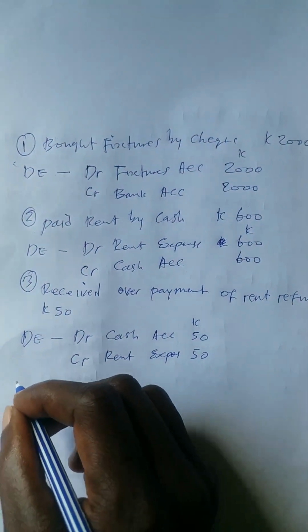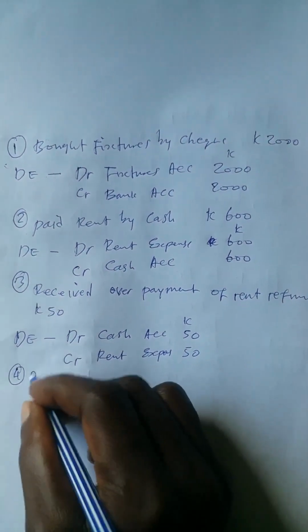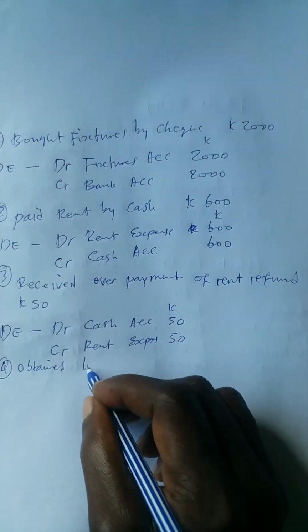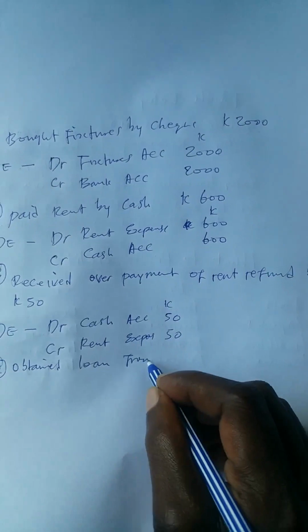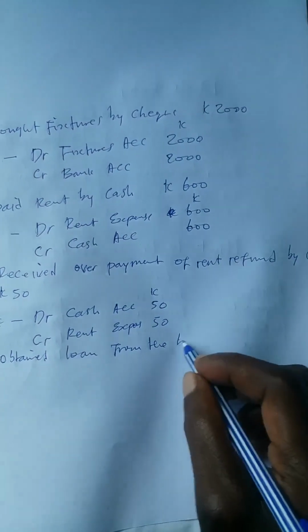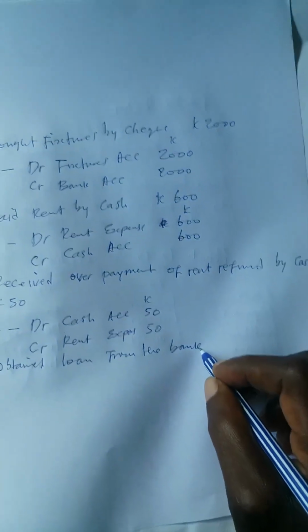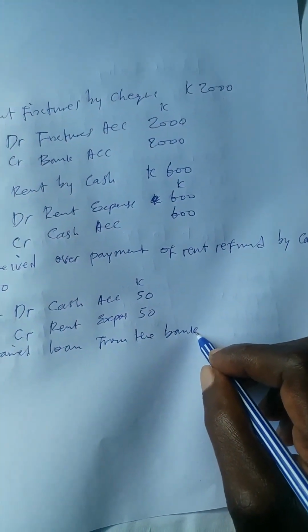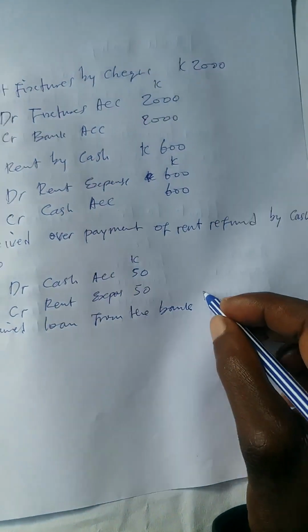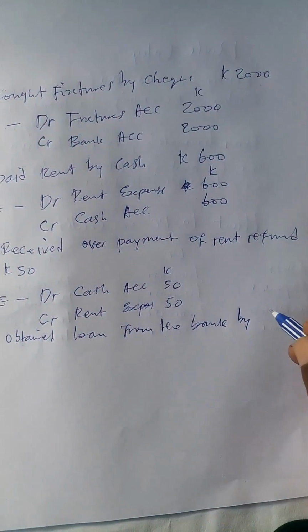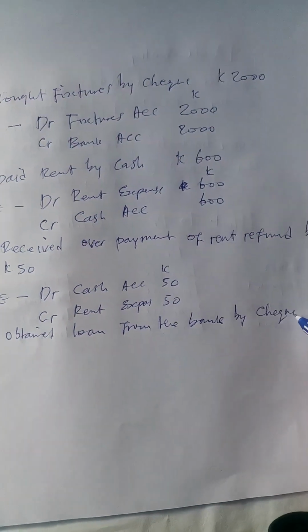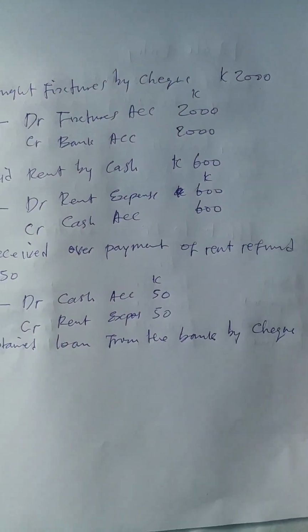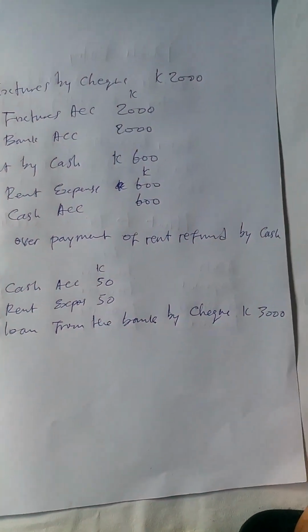Number 4: obtained loan from the bank by check. The amount is 3,000 kwacha.